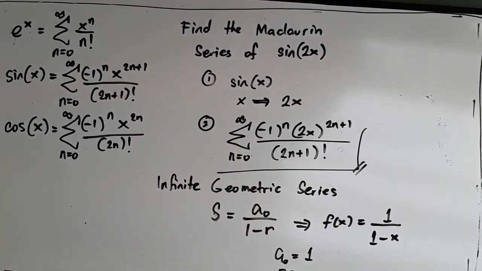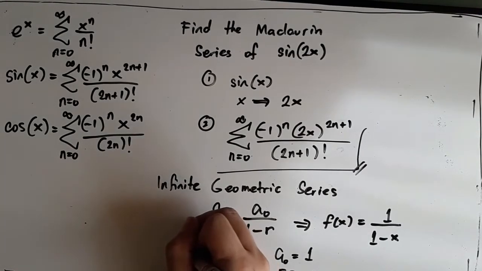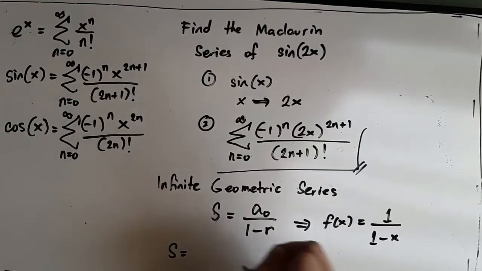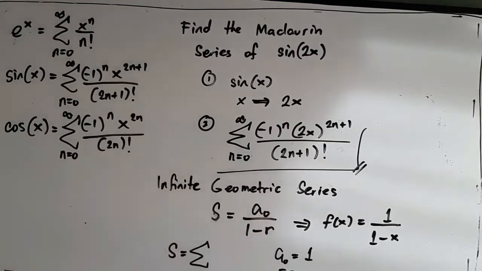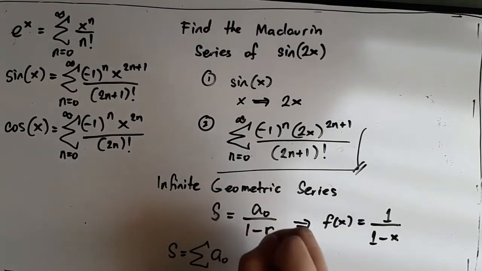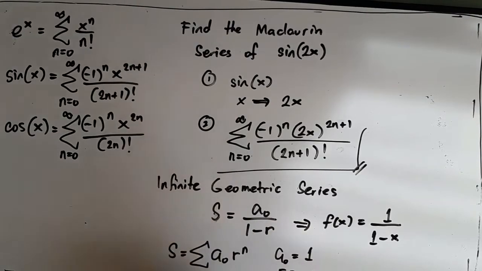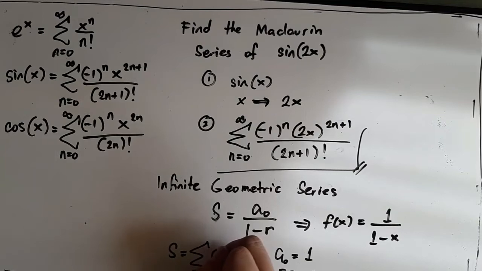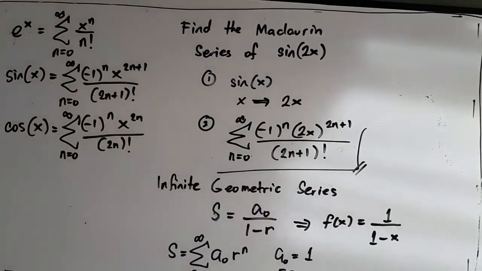And if you will recall the format of the geometric sequence, we could write also the sum into the summation of a sub 0 r raised to n, wherein the value of n is from 0 up to the infinite.